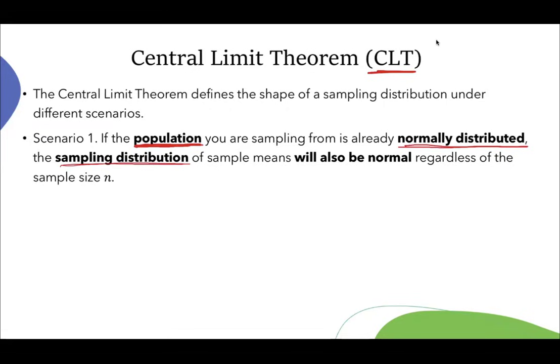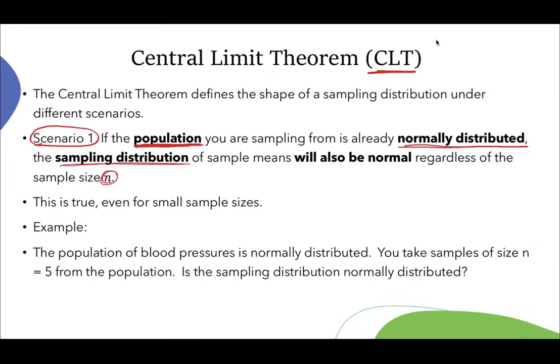It was definitely not normal, so we didn't have a problem that falls under scenario one. But if we started with a population that was normal to begin with, then no matter what n we chose out of that population, the shape of our sampling distribution would come out looking normal each time, no matter what n was. So even if you have very small sample sizes, you still will have a normal shaped sampling distribution.